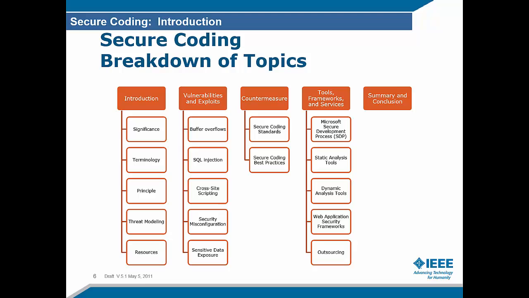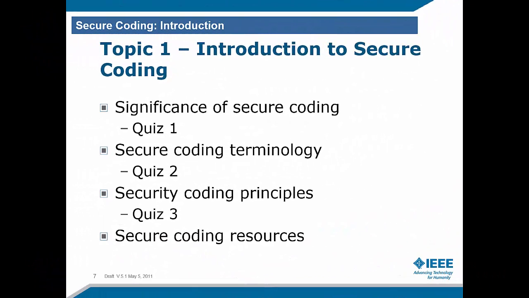Especially in the Vulnerabilities and Exploits section, we will look into many ways software could be vulnerable and also the ways attackers take advantage of those vulnerabilities. The topics shown here are only a subset of the topics I'm going to be presenting due to the space limit on this slide. So the first topic I'm covering in this course is Introduction to Secure Coding.